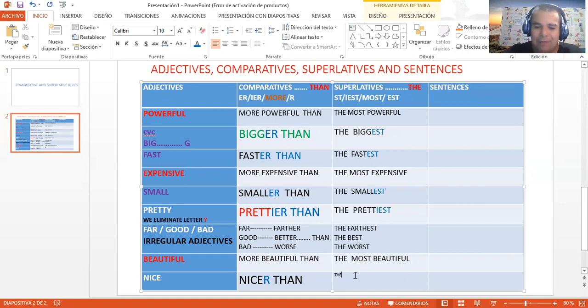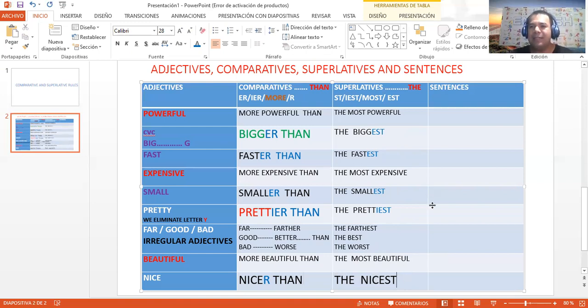And finally, we have the last one, an adjective that already has a letter E at the end. If you remember, here we were using letter R, but for the superlatives, we're going to be using ST. So I'm going to write it here, ST, and that's the way that we read it: the nicest.